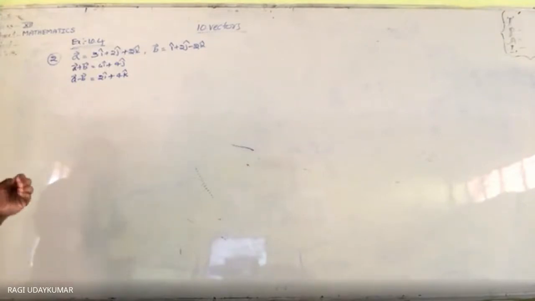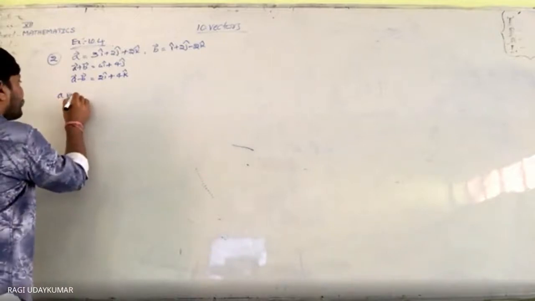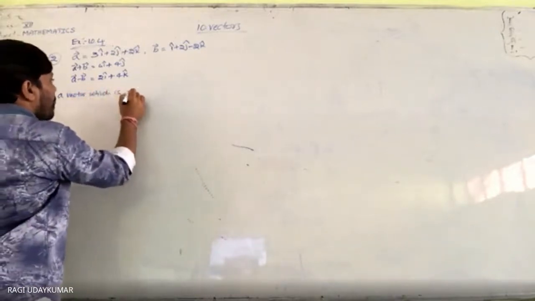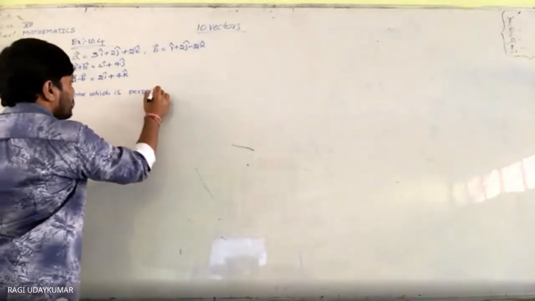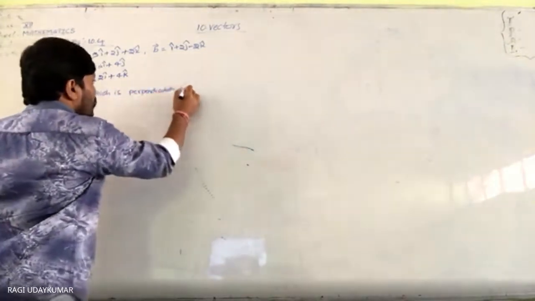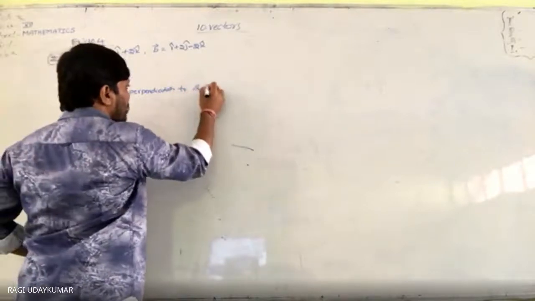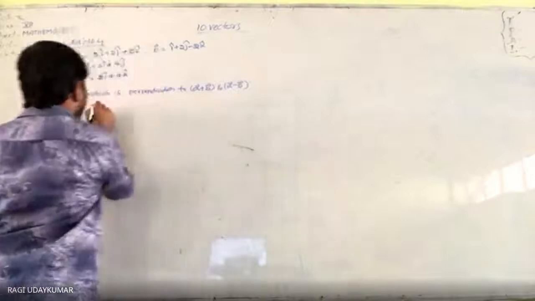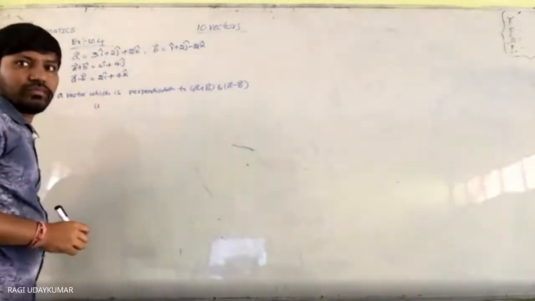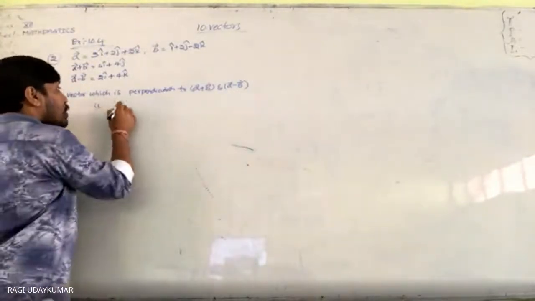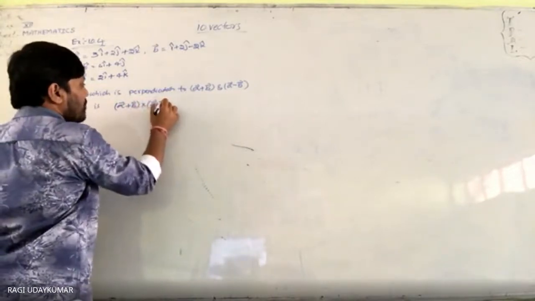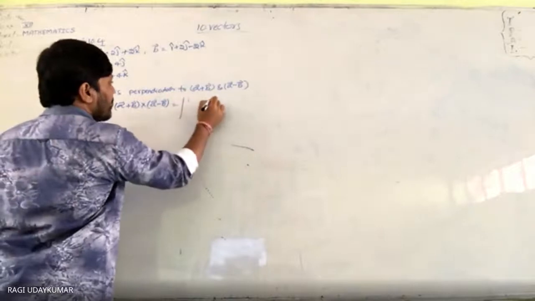And the vector which is perpendicular to a bar plus b bar and a bar minus b bar is, what is their cross product? a bar plus b bar cross a bar minus b bar. So here i, j, k.